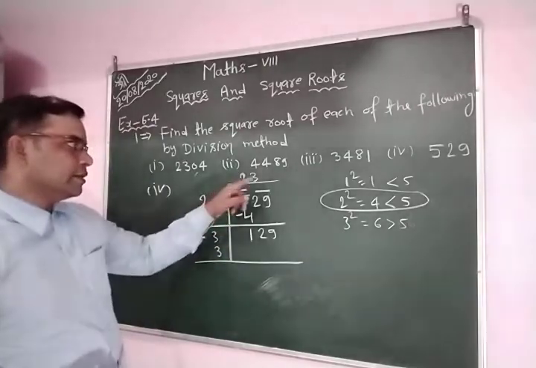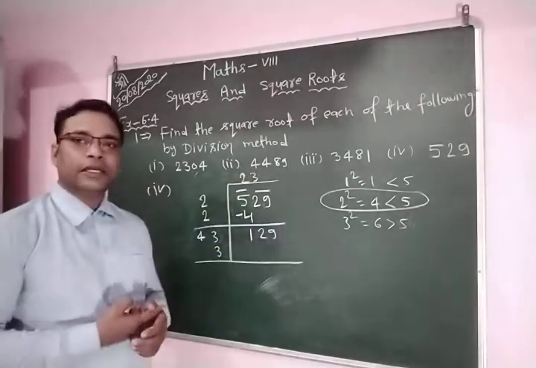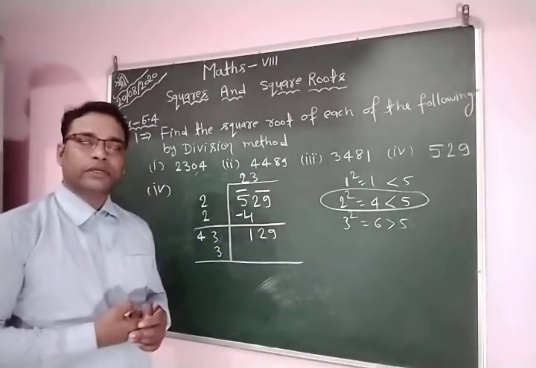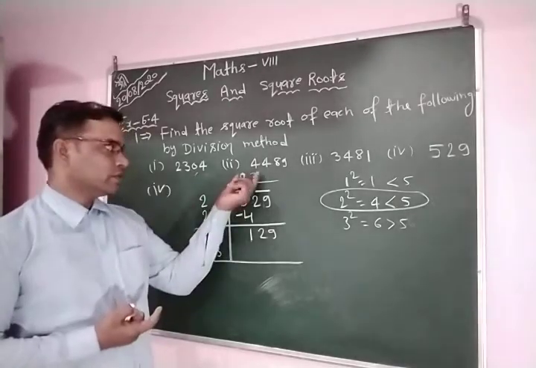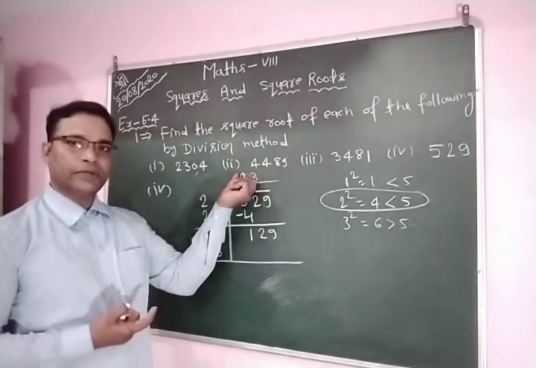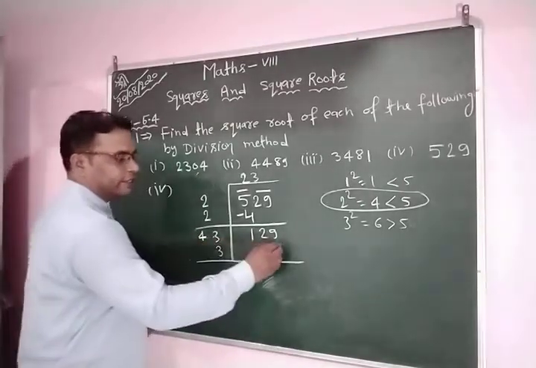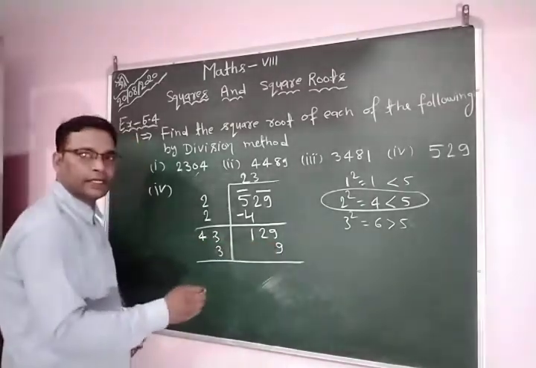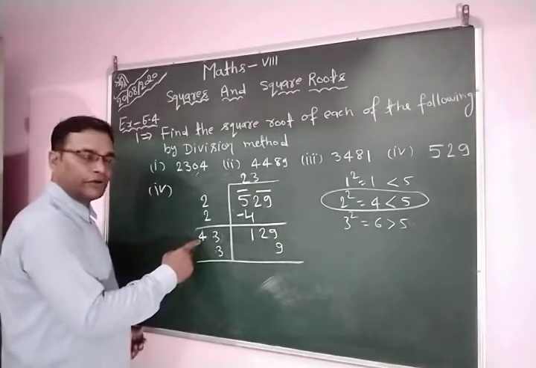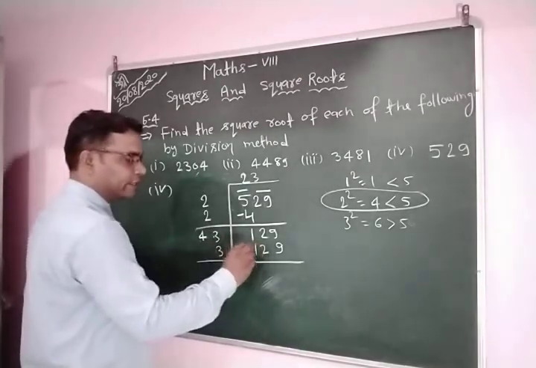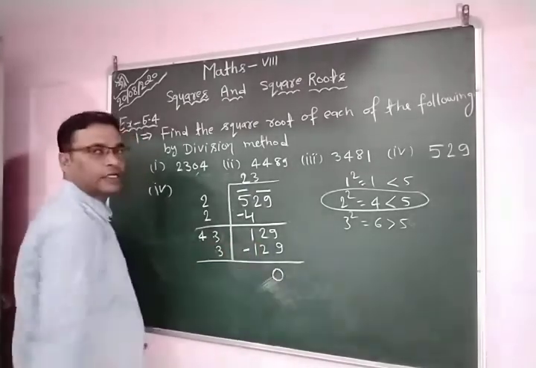And here we put 3 to the right of this 2. So our quotient is 23. If you multiply 3 times 3 is 9, you write here. Again 3 times 4 is 12, we write here, and subtract them, you obtain 0.